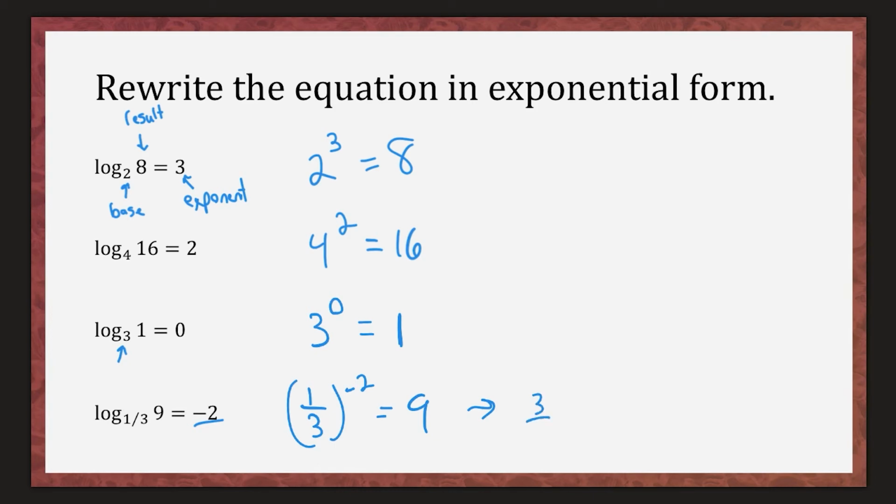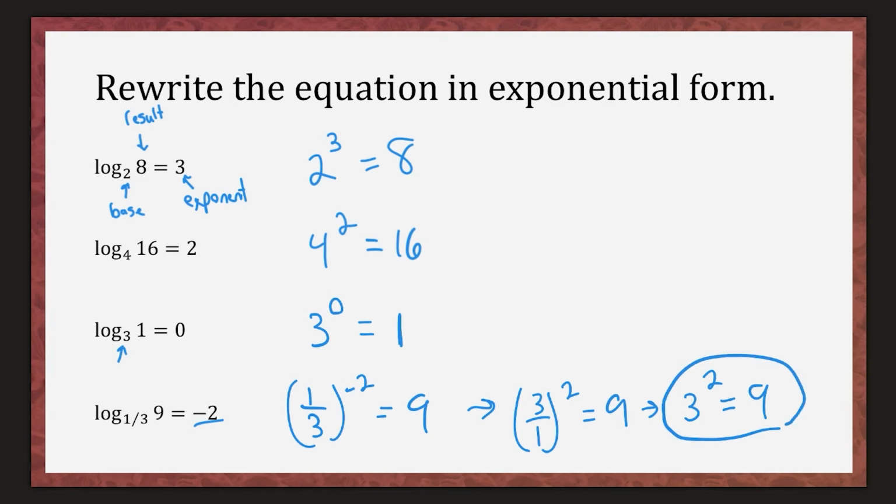So that is 3 over 1 squared equals 9. And 3 over 1 is just another way to write the number 3. So 3 squared equals 9, which is true. That's a true statement. We just wrote it with a negative exponent and a fractional base before. But we can easily convert it into something simpler.